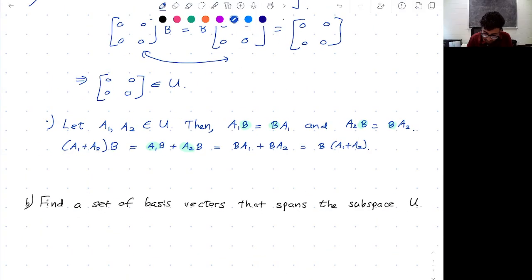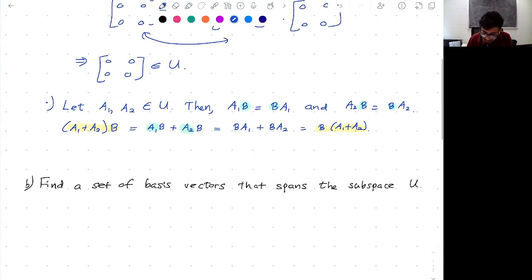So what I showed was that A1 plus A2 commutes with B. Therefore, this subset is closed under addition.